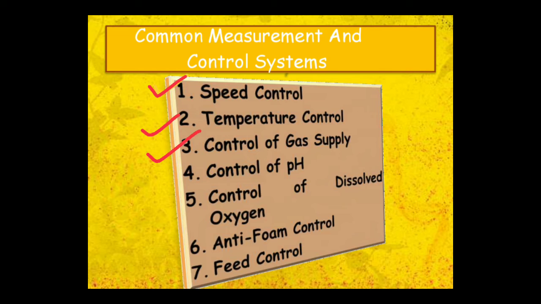The control of the gas supply, for the different types of gases required for the process of fermentation. The control of pH, whether it will be acidic or basic. The control of dissolved oxygen, whether it will be an aerobic or anaerobic process. Anti-foam control, where the foam needs to be broken down, and the feed control. So, these are the major control systems of a fermenter.